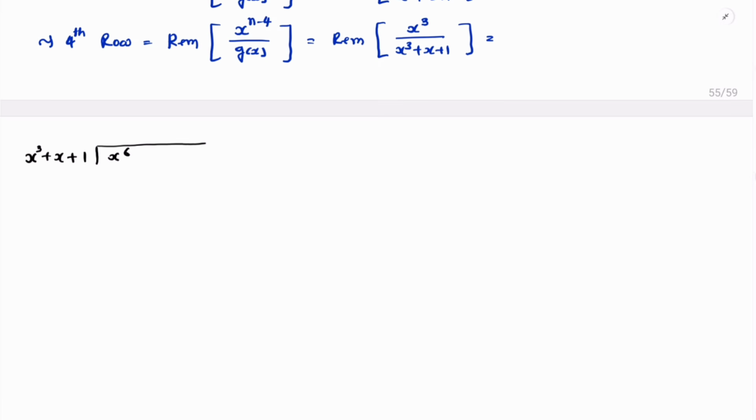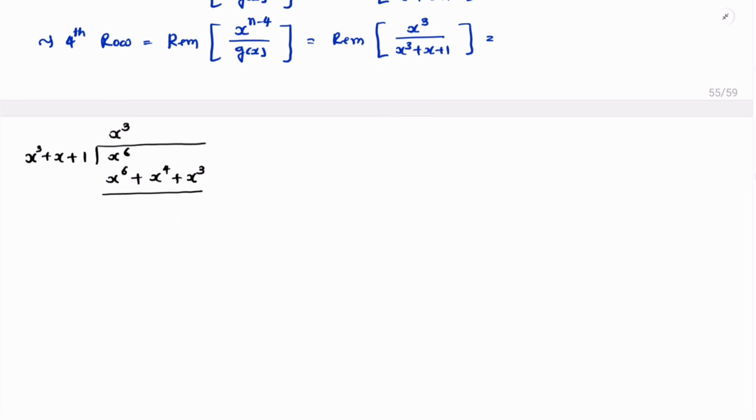Here the power is x to the power 6, so we need to multiply by x to the power 3. We will have x to the power 6 plus x to the power 4 plus x to the power 3, if you multiply this with x to the power 3.